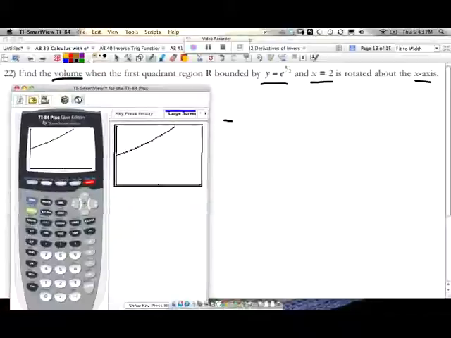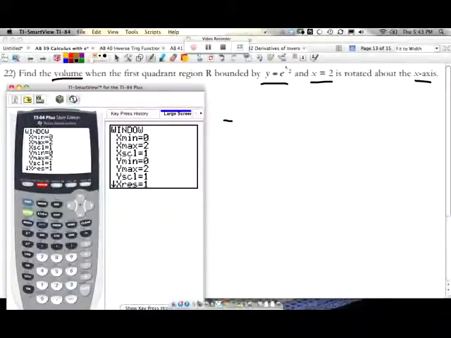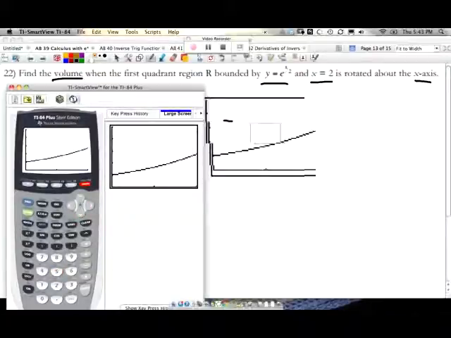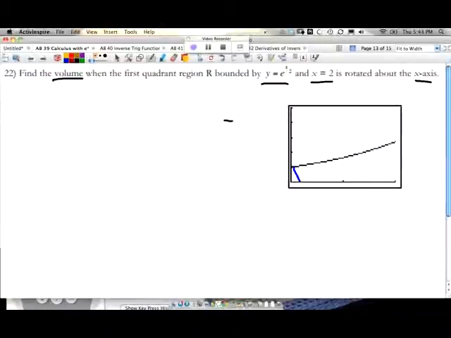All right, first quadrant. So that's helpful to me. So I need to make this go even taller. So let's look at my window. Instead of going from y equals 0 to 2, I'm going to go from y equals 0 to, let's say, 5. That's doable. All right, so here is our region right there.